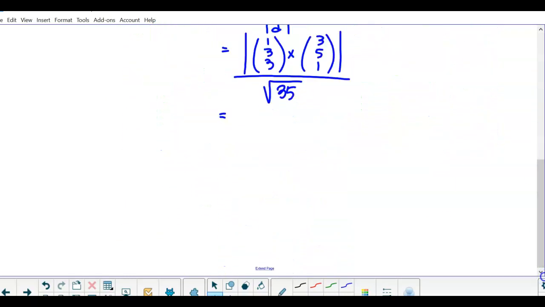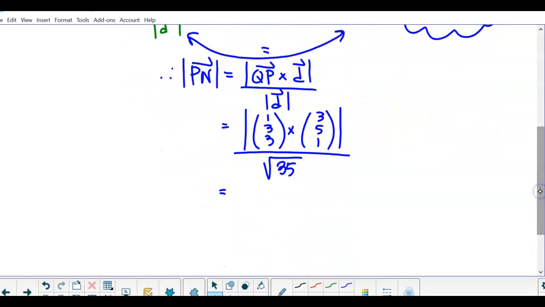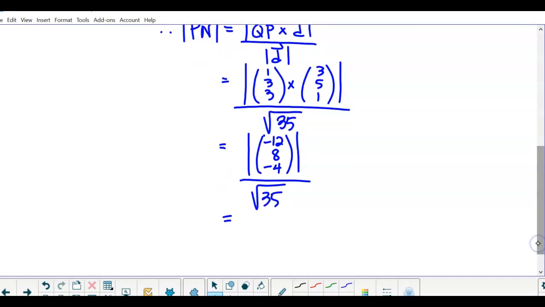Obviously, when you take the magnitude, it's not going to change it. And then reduce it if you can. And wrap it.